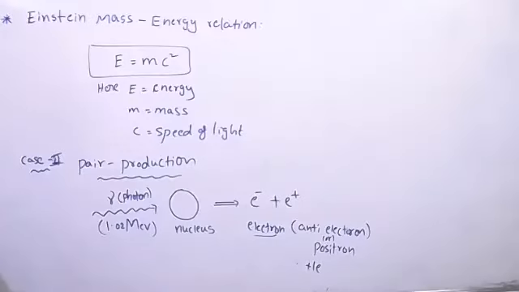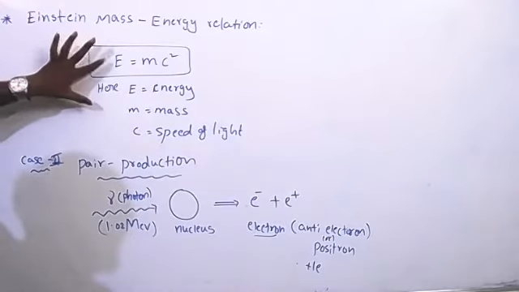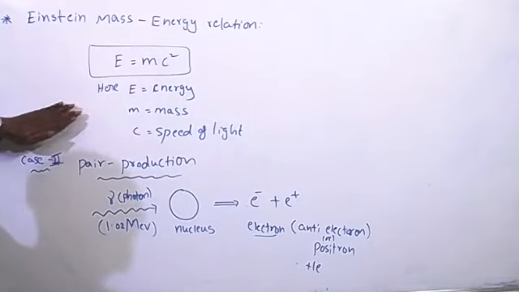Write down that. So Einstein's mass-energy relation: energy equals mc squared. After that we saw the annihilation process.